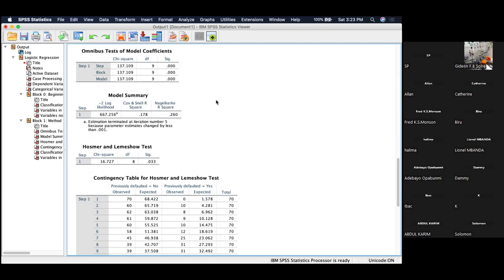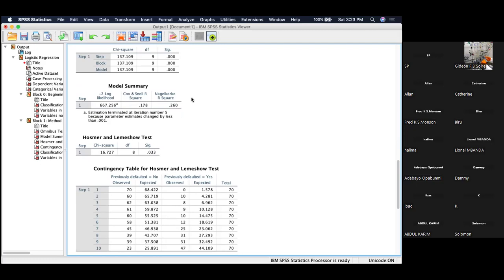How you explain this is just like your R-square in normal regression: the model explains about 26% of the variability in the odds of someone defaulting on loan if you're using Nagelkerke's R-square. But if you're using Cox and Snell's R-square, then the variability decreases to 17.8%. So that is how you explain this.